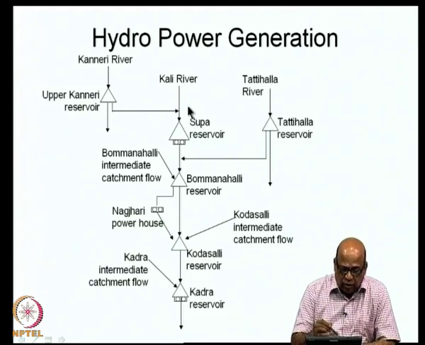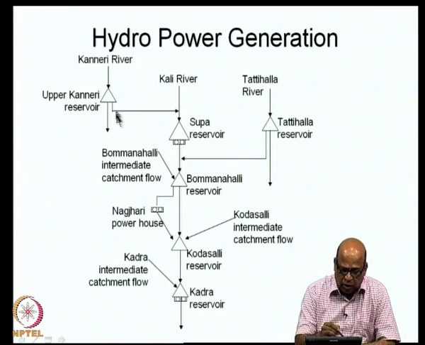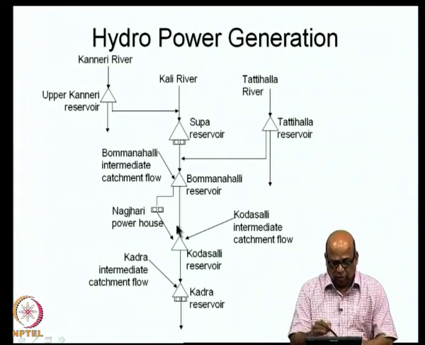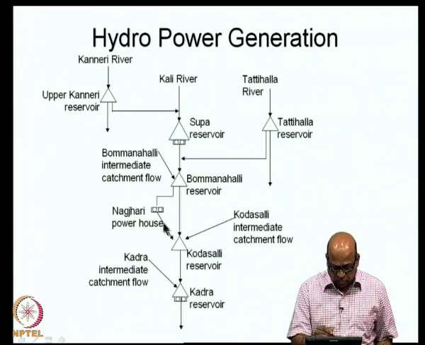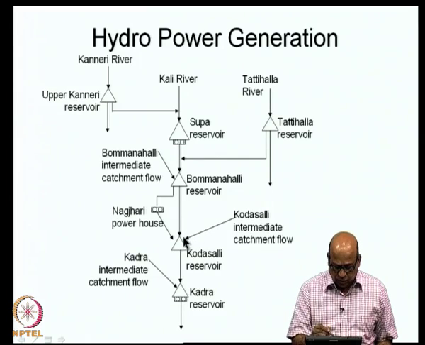At every reservoir, you just look at the continuity of that particular reservoir, how much is the release that is going out, how much has been coming from the intermediate catchment as well as from the upstream reservoir and so on. So, for example, here you have Bommanhalli contributing here, something comes from the Nagjhari powerhouse, and there is also an intermediate catchment flow that comes here, and that feeds into the Kadra reservoir.